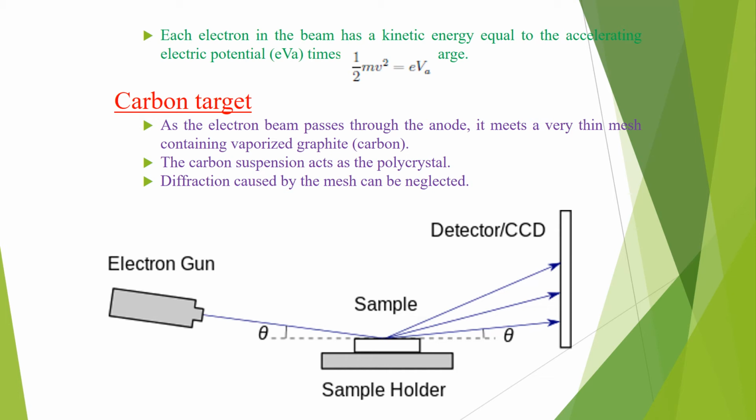Then this scattering, known as the diffraction pattern, can be recorded on film or by a detector.